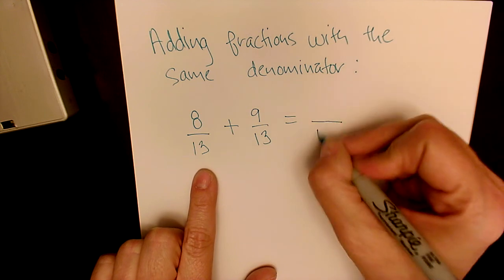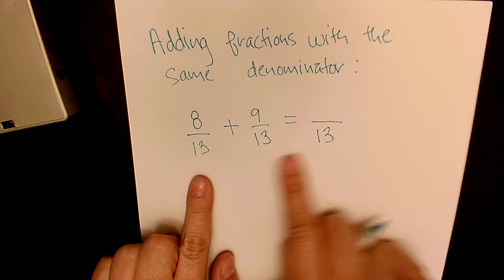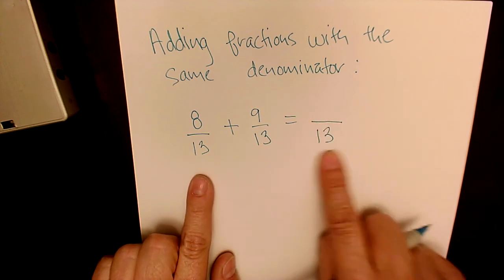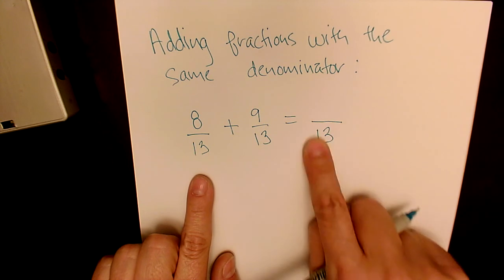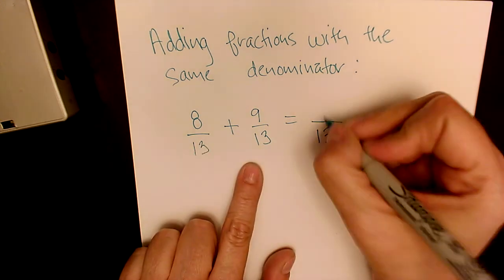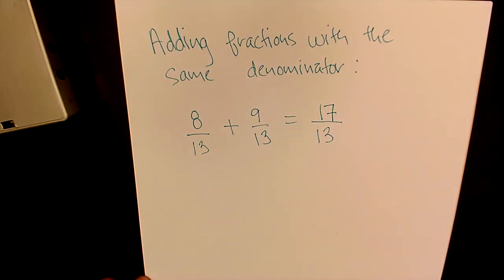So we're just going to bring over the 13. Do not add 13 and 13. Do not do that. Just bring over the 13, because remember, this is our whole. This is how many total equal pieces are in the whole. And we're going to add the top. So this is just 17 over 13, and you are done.